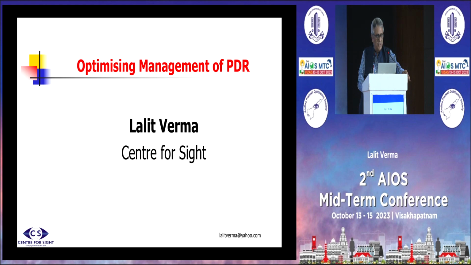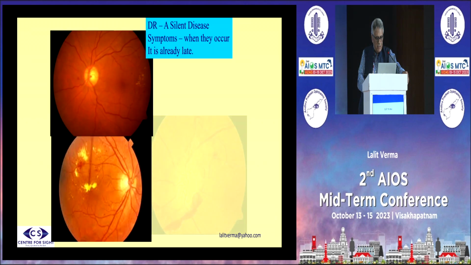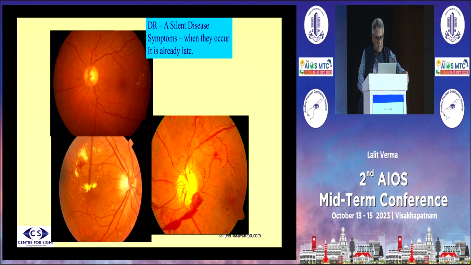So there are 2 things which we are bothered about in diabetes. One is the moderate visual loss that happens because of DME. Then severe visual loss happens because of the sequelae of PDR. What everybody should remember is that it's a silent disease. So all of us, including comprehensive, general, posterior segment, every ophthalmologist has a morally bound duty to make people aware, not only patients but within their families and themselves also, because it's a silent disease.